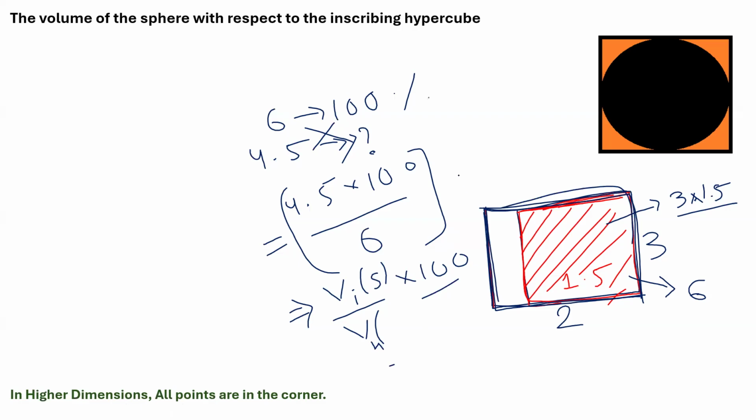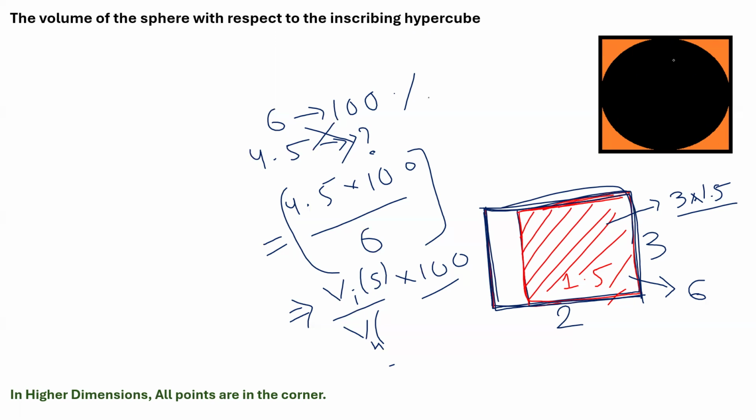Now, what we are going to try here is to find out the volume of the sphere with respect to the inscribed hypercube. Sorry, the volume of the sphere with respect to the hypercube. We want to find out how much volume this hypersphere occupies with respect to the hypercube.